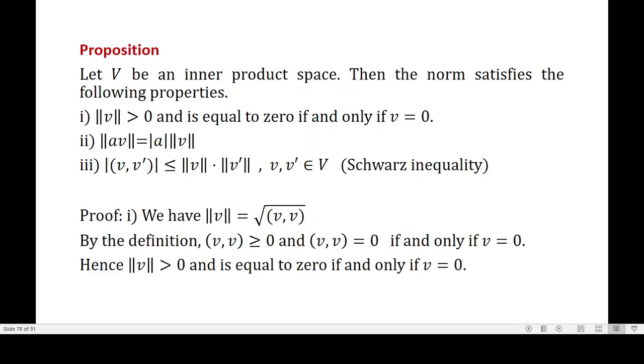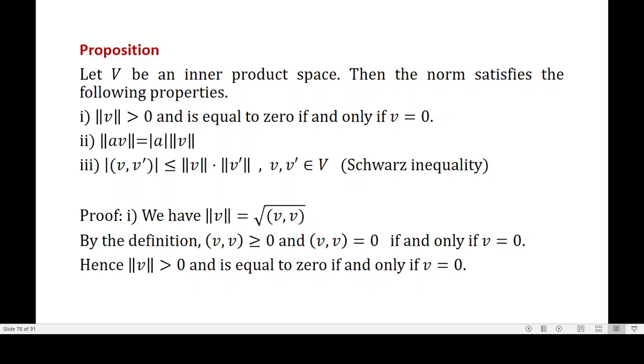Now let us prove one proposition. This is one of the important propositions. Statement is, let V be an inner product space, then the norm satisfies the following properties. Norm v is greater than or equal to 0 and is equal to 0 if and only if v is equal to 0.